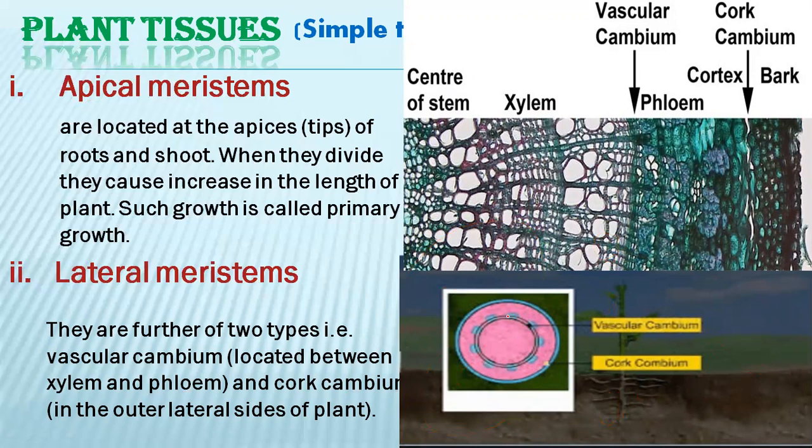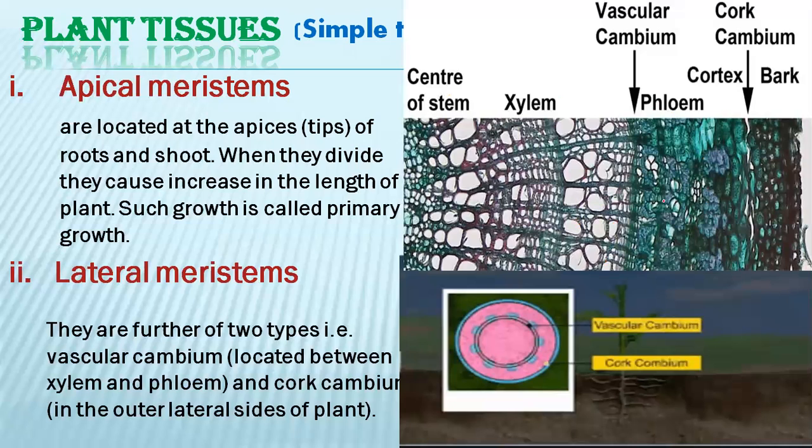And this black line is the vascular cambium. Vascular cambium is present in between the xylem and phloem tissues. This is the center of the stem, and this is vascular tissue. What is vascular tissue? We'll talk about it in a few moments in the next slides.